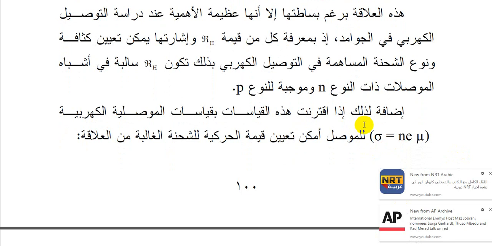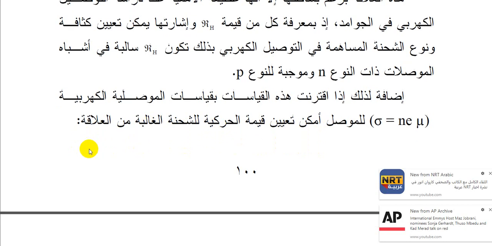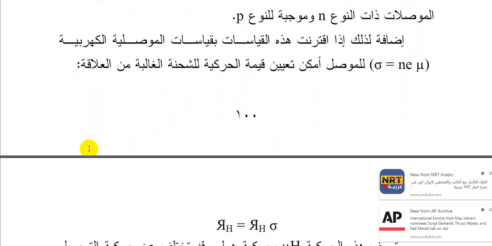In addition to all of this, if the measurements are conjugated with electrical conductivity measurements, sigma equal to n e mu of the conductor, it will be possible to assign the value of mobility for the common charge from the relationship, as you can see right in front of you.